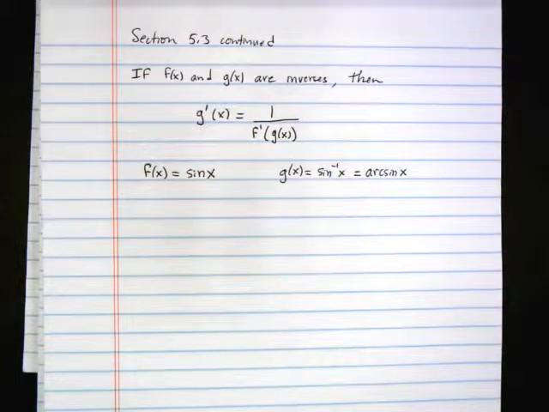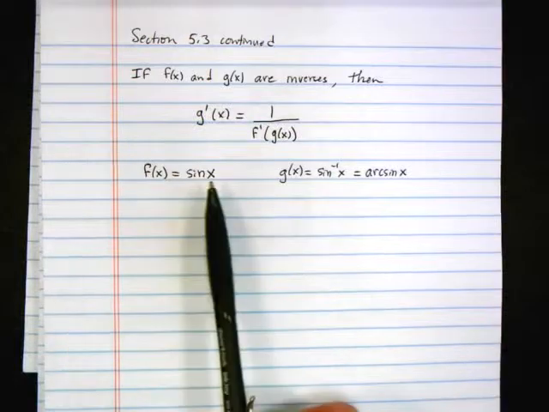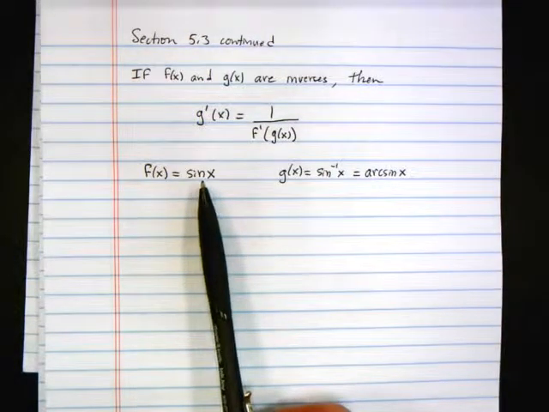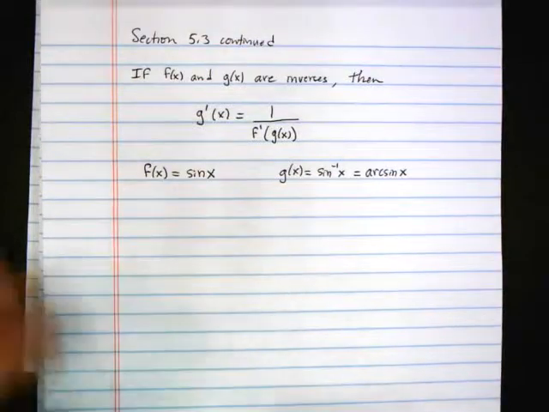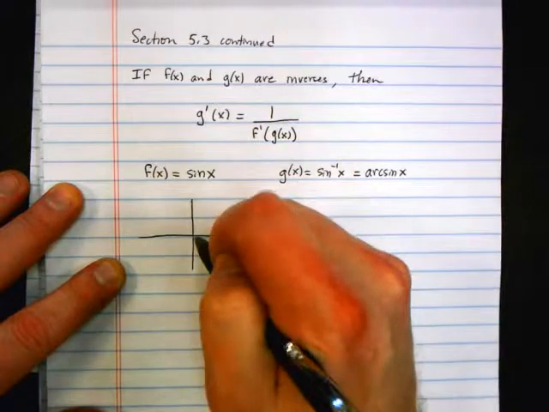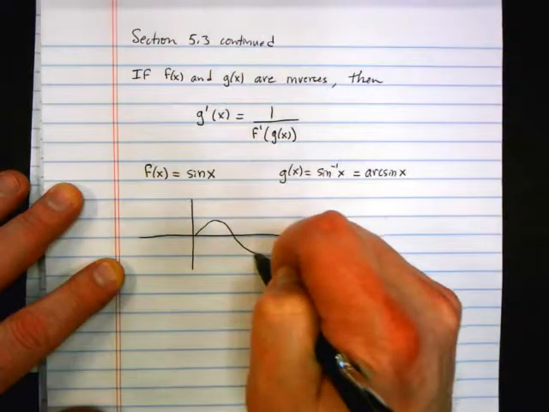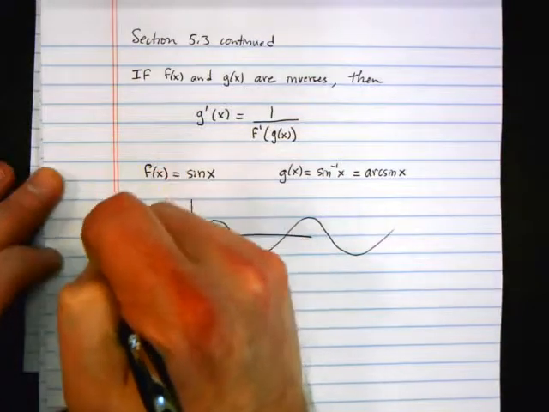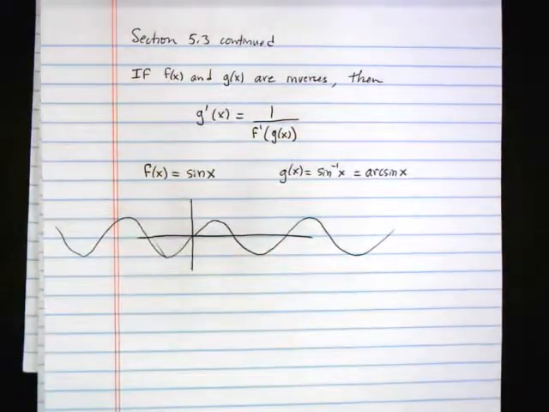But I have a bigger question than that. Sine isn't 1 to 1, is it? No, definitely not. Not even close, is it? Your sine graph looks something like this. So is it 1 to 1?